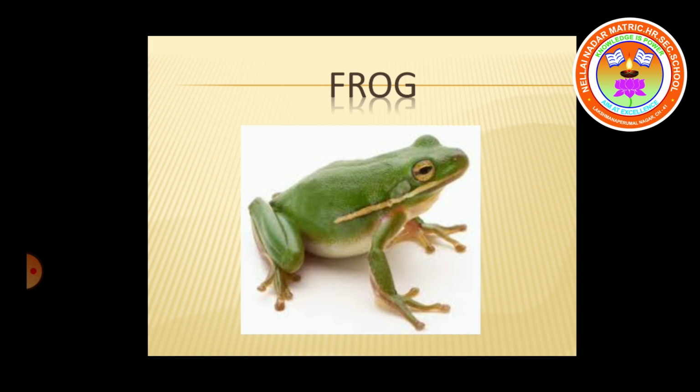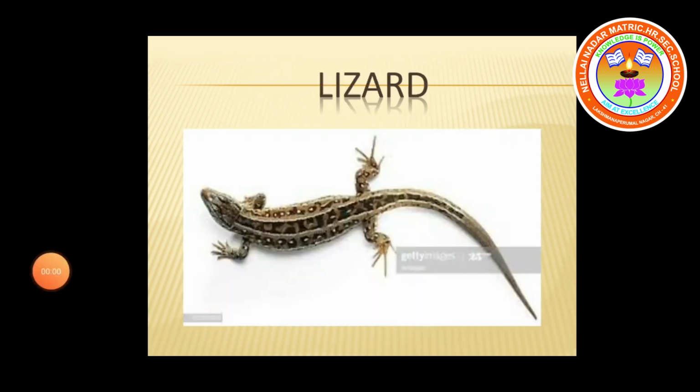When it becomes an adult, how does it respire? It uses its skin, its lungs and its buccopharyngeal region. What is the buccopharyngeal region? It is a mouth part, the lower part of the mouth. So they respire with all these adaptations. Are you clear, children? So now let us move on.